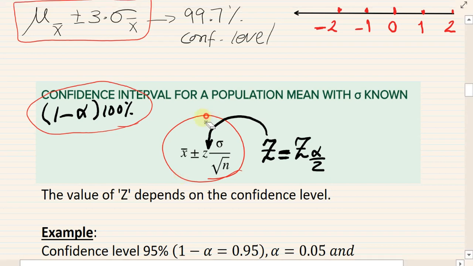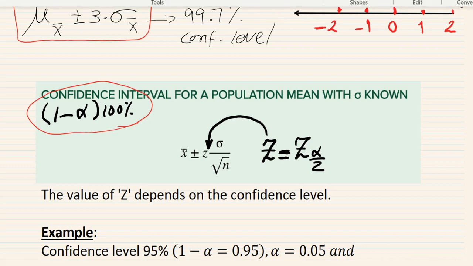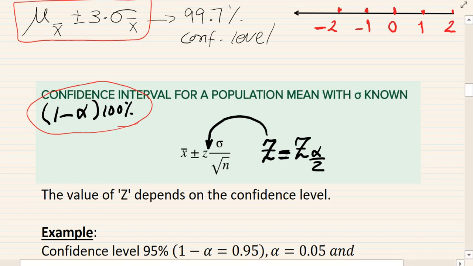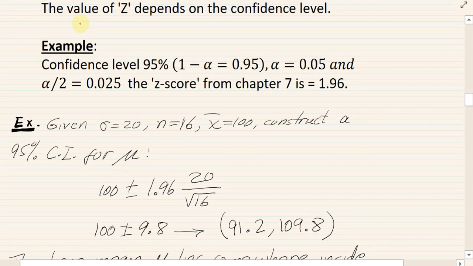Now, let's go through that example I made up, with more details right in here. I did 1.96 times 20 divided by the square root of 16, which is 4. So I got 9.8. Now the plus minus, the way you handle that, you add 9.8 to 100 and you get 109.8, and the other you subtract, you take away 9.8 from 100, and we get 91.2.